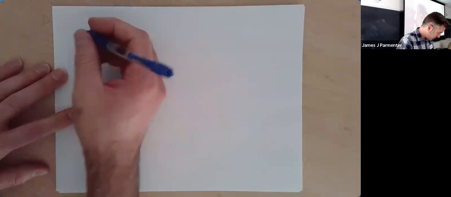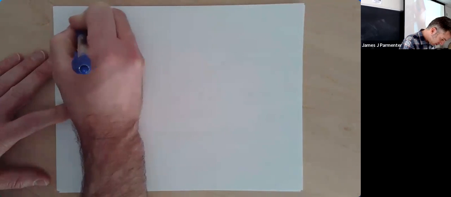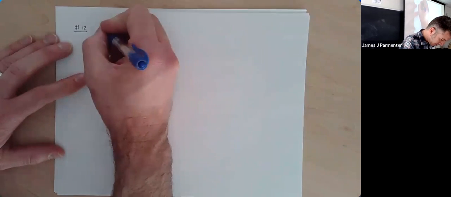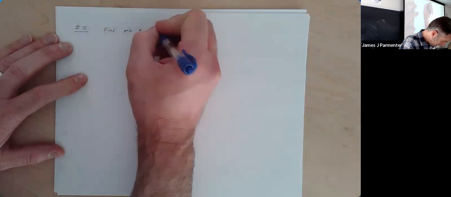So find the minimum and maximum values of this function. I guess I could label this one as number 6. Right, it was number 6. So the number 12 I have is find the minimum and maximum values.